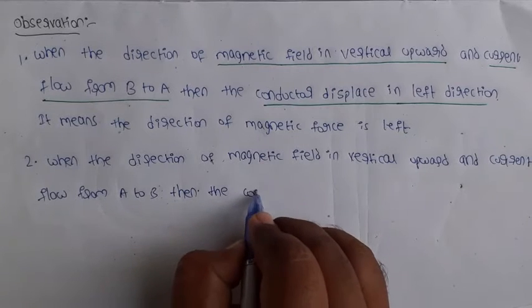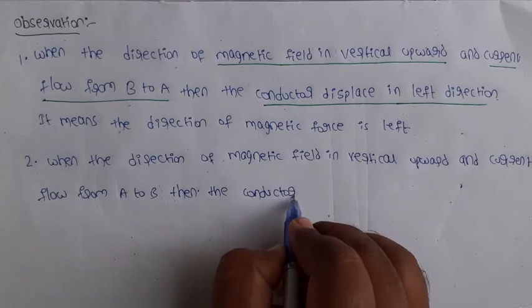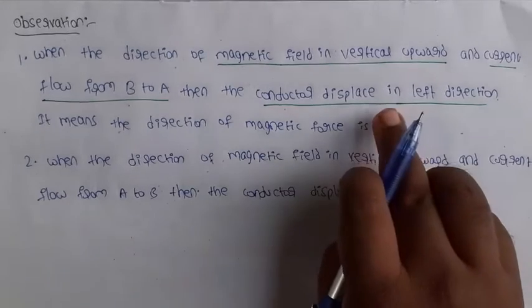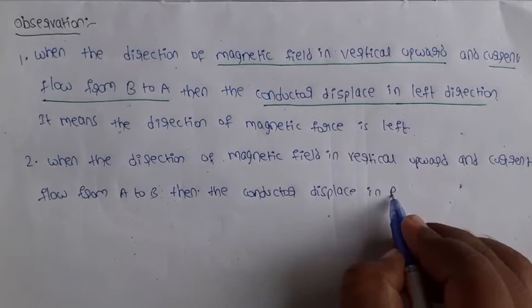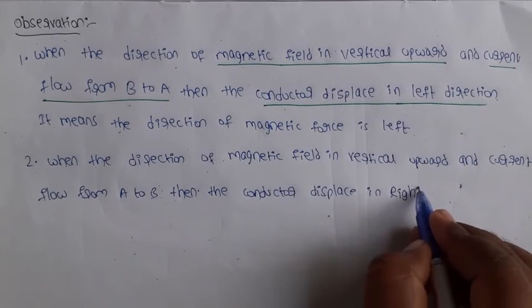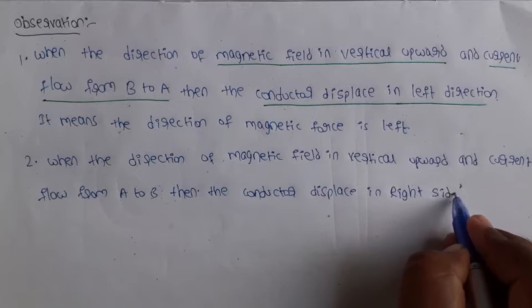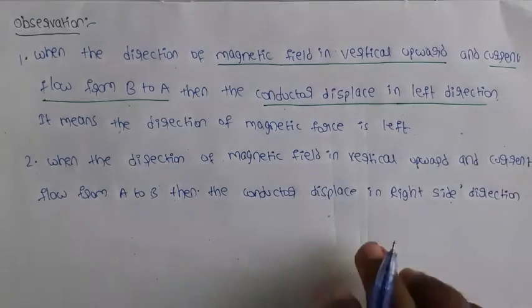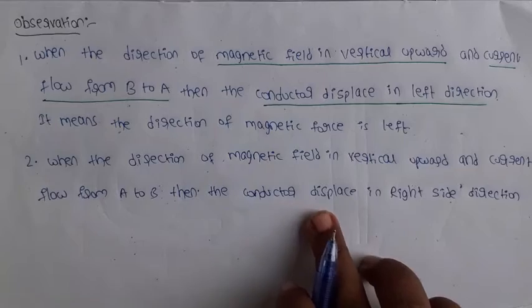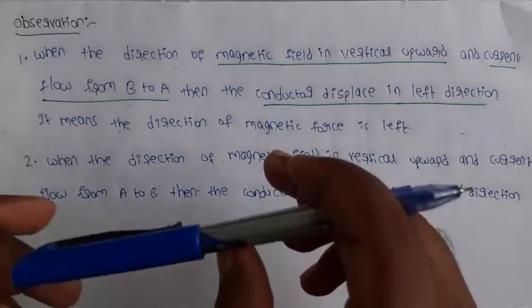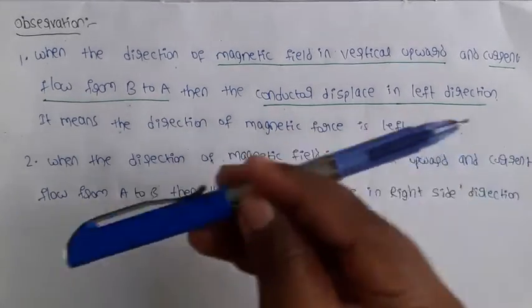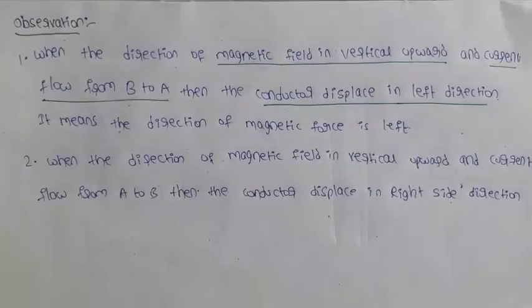Then the conductor displaces in which direction? Right side direction. In that situation, the conductor displaces towards the right. This is the conductor, and it moves towards the right hand direction.